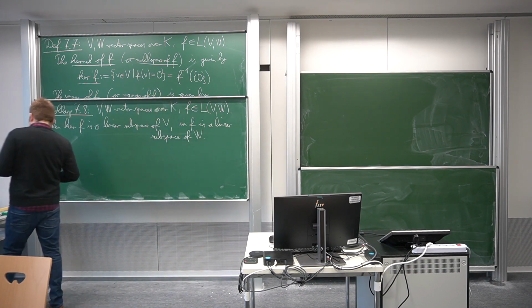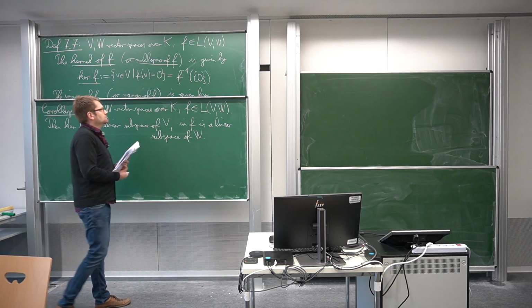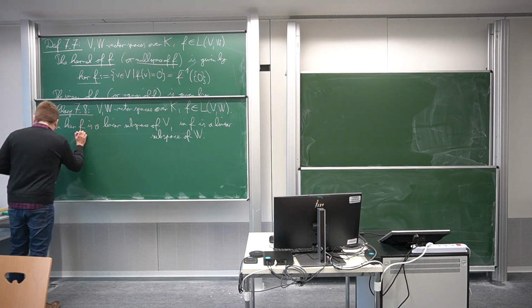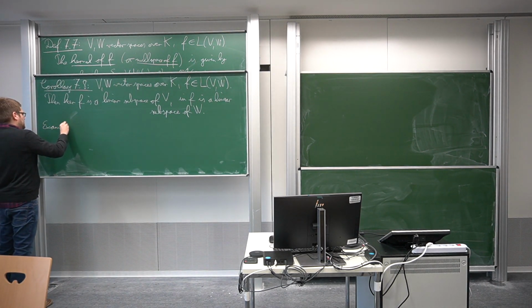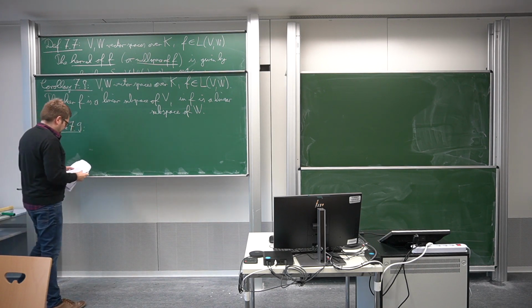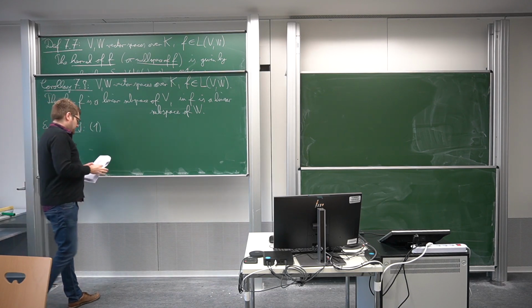This is now a very simple observation, and since we will make a lot of use of kernels and images in what follows, I also want to give a lot of examples at this point, because this also helps the intuition. So example 7.9, let us start again with a boring one, so to say.